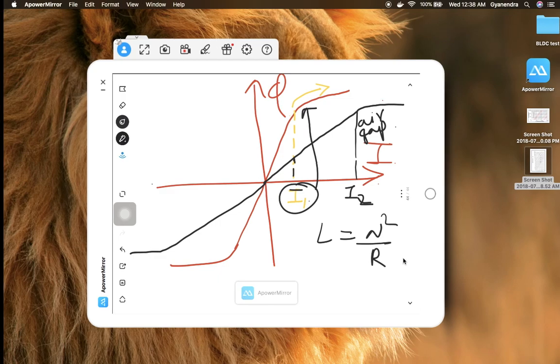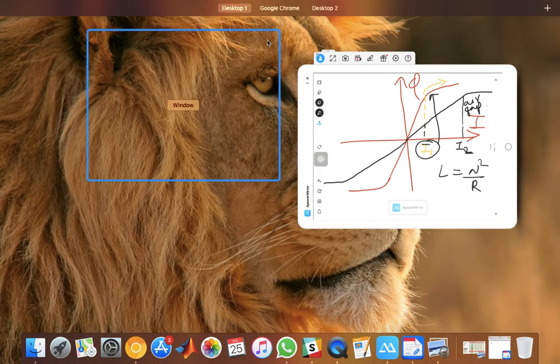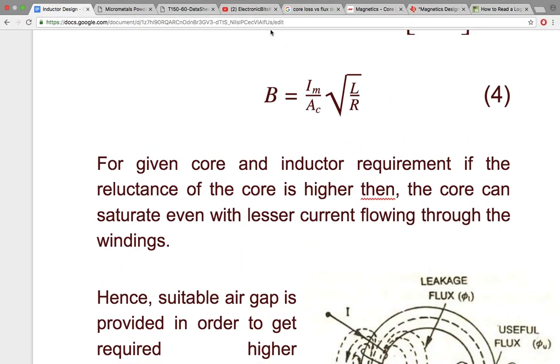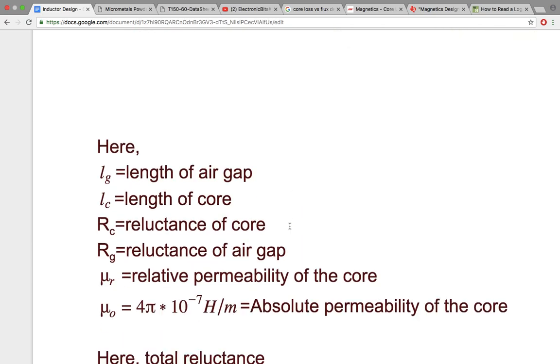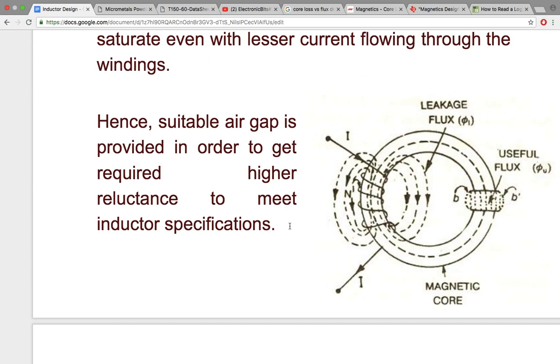So after introducing the air gap, the current handling capability of the inductor increases. But in parallel, our inductance is also decreasing.